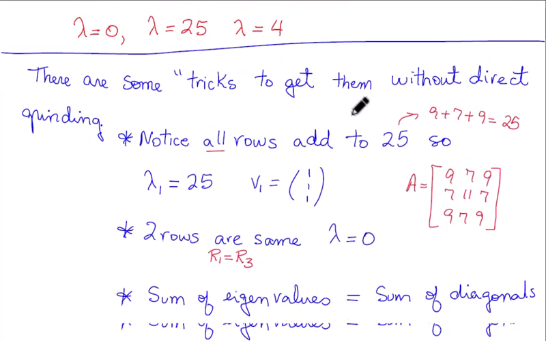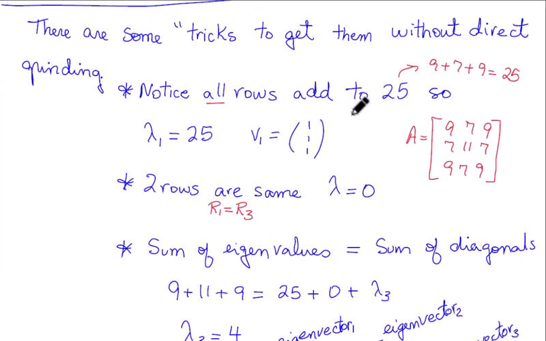Now, there are some tricks that work sometimes. If you look at your original matrix A here, if you add up all the rows, it just so happens they add up to 25.